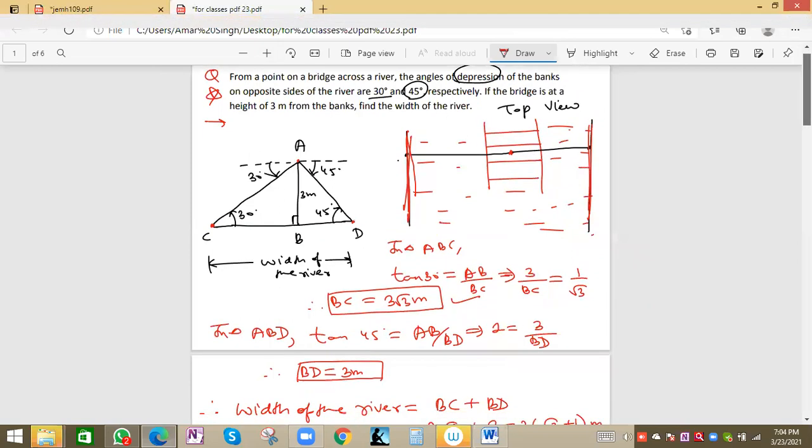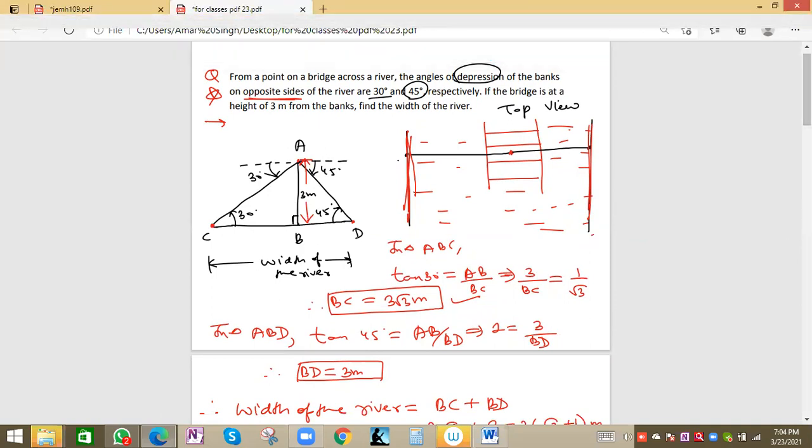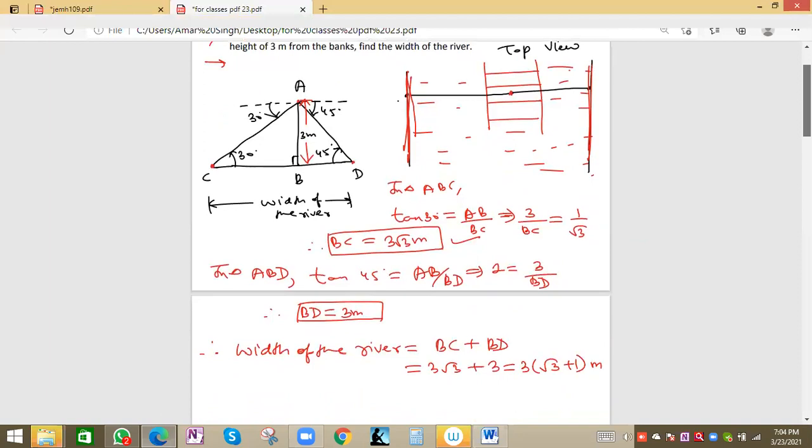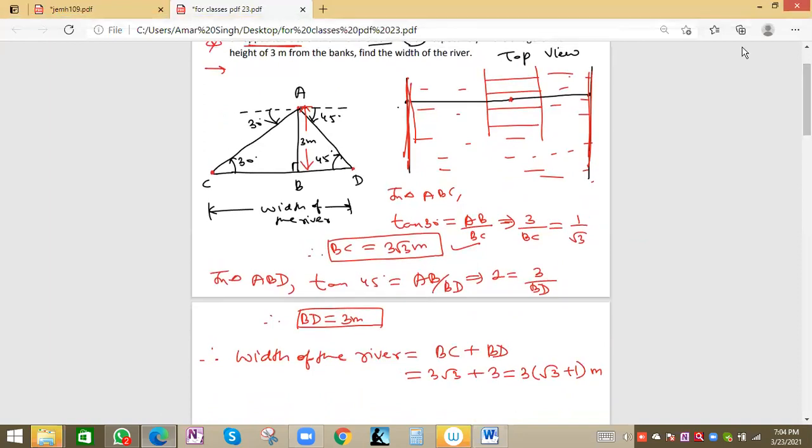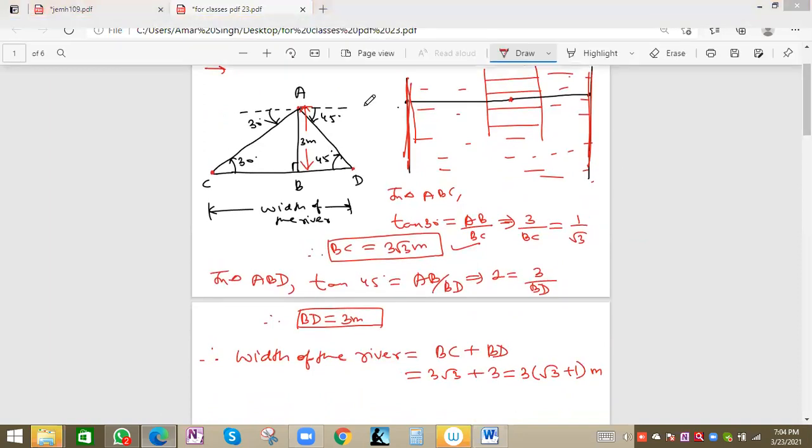Opposite from the point on the bank across the river, the angles of depression of the banks, exactly opposite ends, will be C and D. Depression 30, the elevation will be 30. Depression 45, the elevation will be 45. This is the height of the bridge given, 30 meters. So we can plot it like this. A proper diagram is important, right? We can find the width of the river as BC plus BD. Please note the solution, then move to the next question.